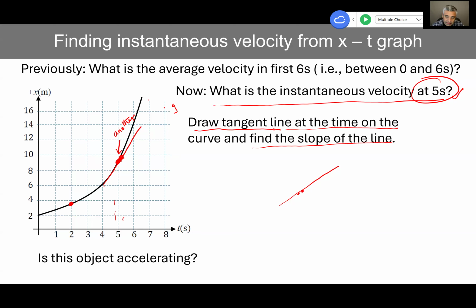So did you draw it? Even if you don't have this printed slide or haven't opened it, just draw a curve like this, put a point, and draw a tangent line there on a piece of paper. So I am drawing it now.